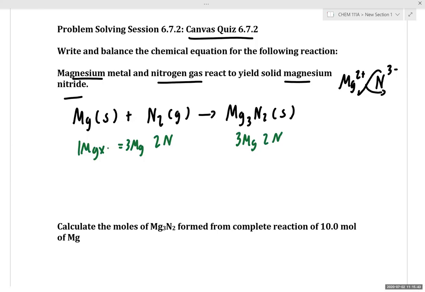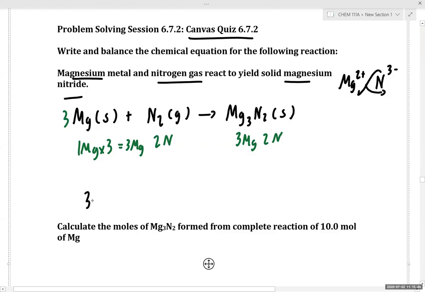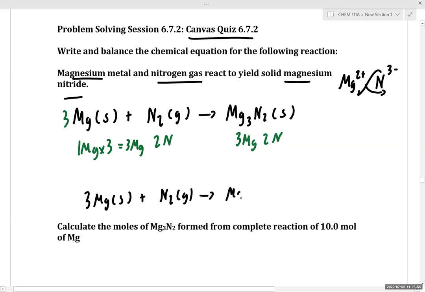What coefficient do we need for magnesium? 3. Yep. So rewriting our balanced equation, we have 3 magnesium solid plus nitrogen gas leads to magnesium nitride solid.